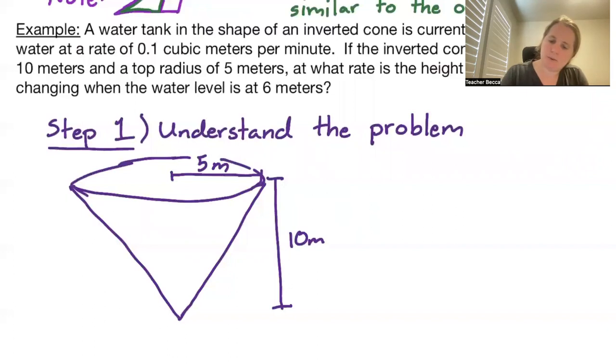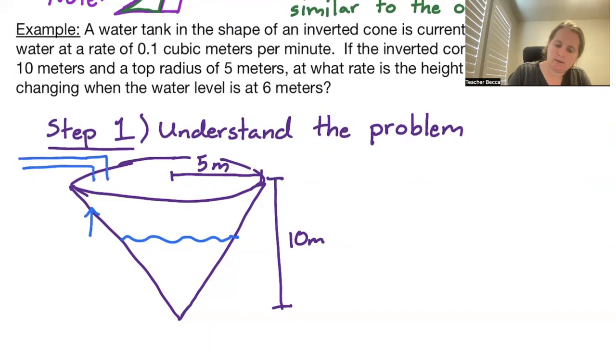And it's filling with water. So we have water inside, and that water level is going up, right? And we're pouring water in, probably through a pipe, right? So we have a pipe with water coming out, going into our tank.